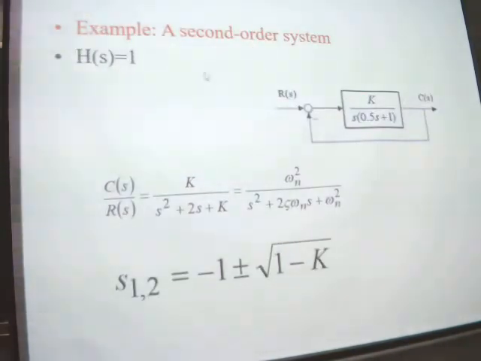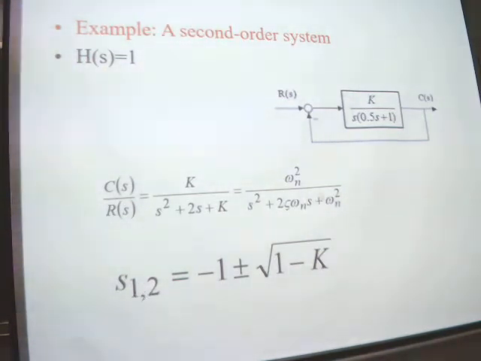Now, here is an example. For this, H is equal to 1. Then, this is a second order system. The transfer function equals k/(s squared + 2s + k), which is in the form omega_n squared/(s squared + 2 zeta omega_n s + omega_n squared).